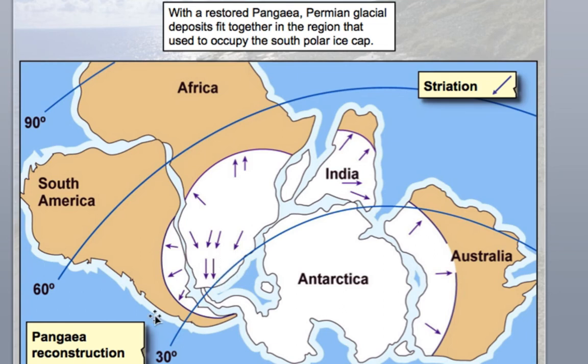So when you do the reconstruction of Pangaea, well, really in this case Gondwana, we find that the glacial striations are concordant. That's what I mean by the word concordant. They make sense, and they only make sense if you reassemble the continents. Also note that Gondwana was close to the South Pole, so it was at higher latitudes in the southern hemisphere where you can get these colder climates. That was part of his paleoclimate study as well.